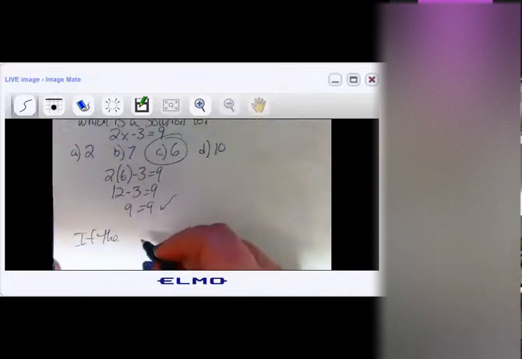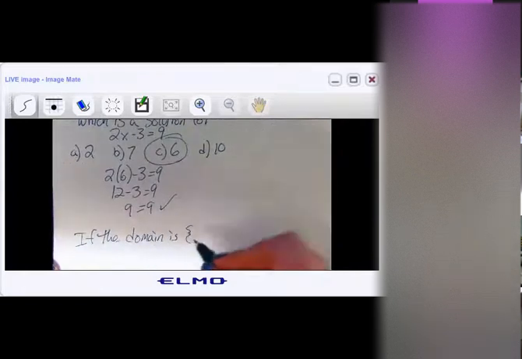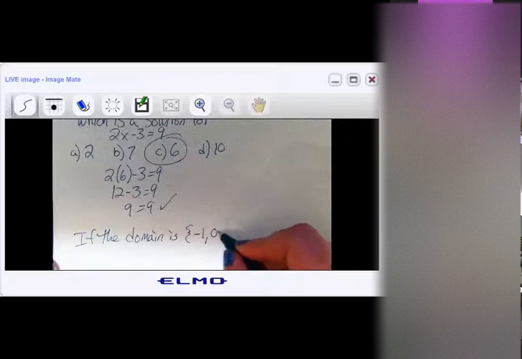Give me a second to just write it out here. So if the domain is funny bracket, let's just do something kind of easy. How about -1, 0, and 2?